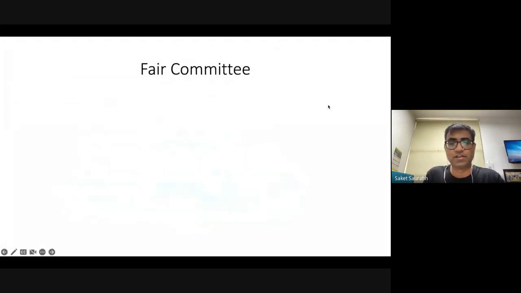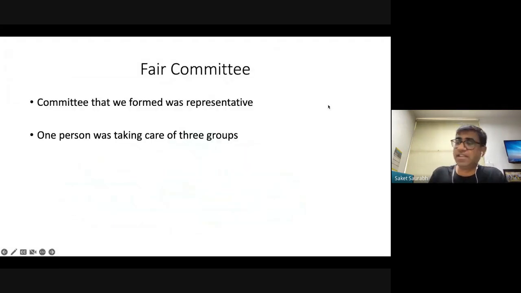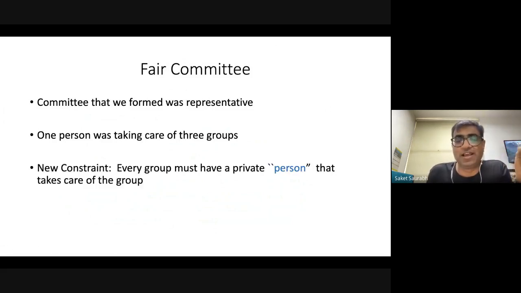The committee that we formed was representative and able to intersect everything, but one person was taking care of three groups, which we didn't like. So, a new constraint: every group must have a private person that takes care of the group. You want your private person to whom you can go and complain.